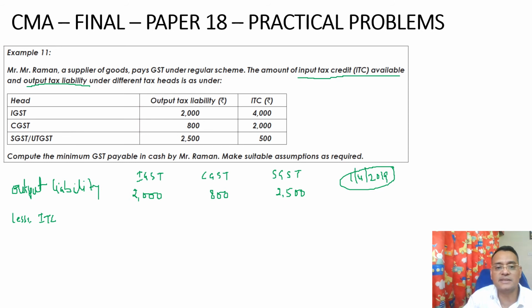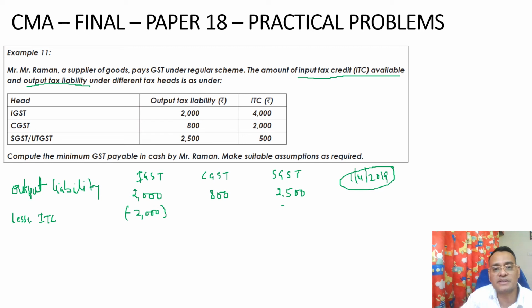Of course, for IGST, it is to be used 100%. So we have an output liability of 2000, less ITC used of 2000. And since we have a total ITC of 4000, 2000 rupees has been used for payment of output IGST liability. So the balance 2000 rupees we can use as per the choice of Mr.